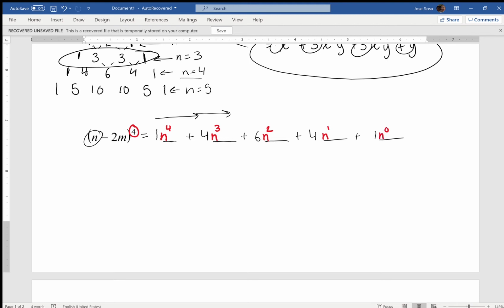Okay, now let's use another color for the other one, just to make things really hard for you guys. Let's use blue. Okay, now we are going to take this term here, raised to the 0th power, 2m to the 0th power. And over here we're going to do in ascending order now, 2m to the first.